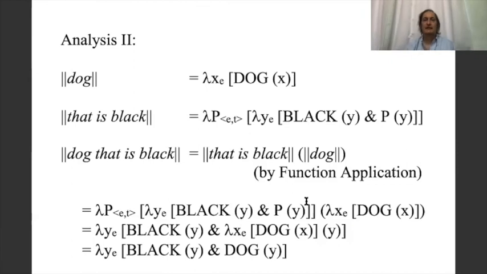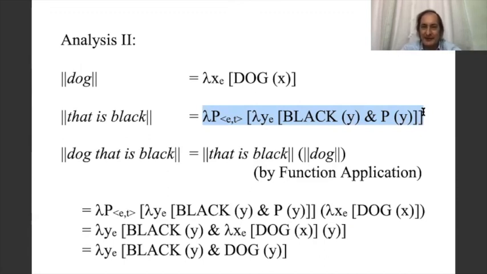Okay. And just to show we get the exact same result using the other alternative analysis, we give that here. The other alternative analysis takes "that is black" to be just like the second analysis of black.